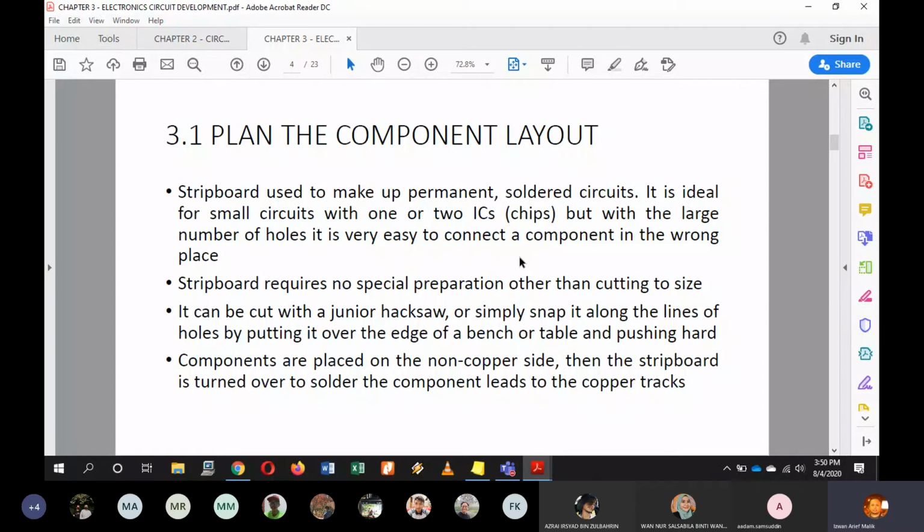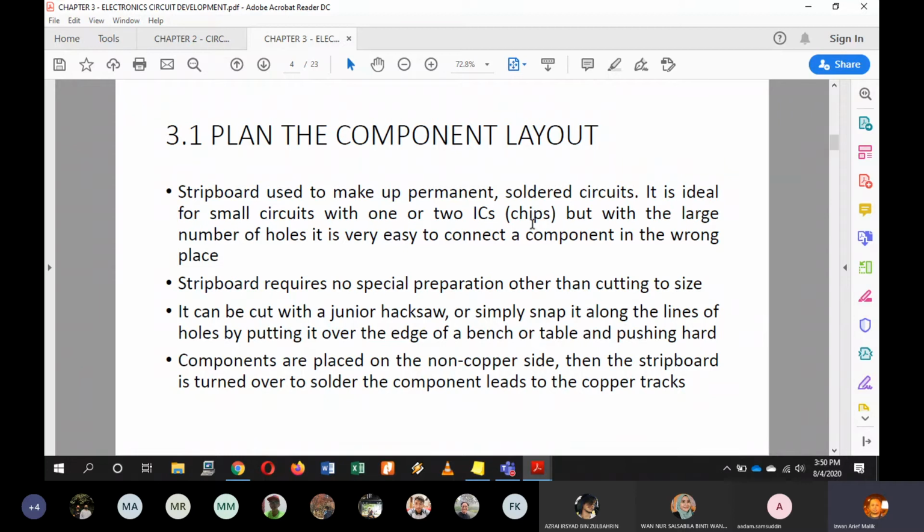Okay, so what you have to do, you have to plan the component layout. Strip board is used to make up permanent soldered circuit. So it is ideal for small circuits with 1 or 2 ICs, which are chips, the black IC just now. But with the large number of holes, it is very easy to connect a component in the wrong place.